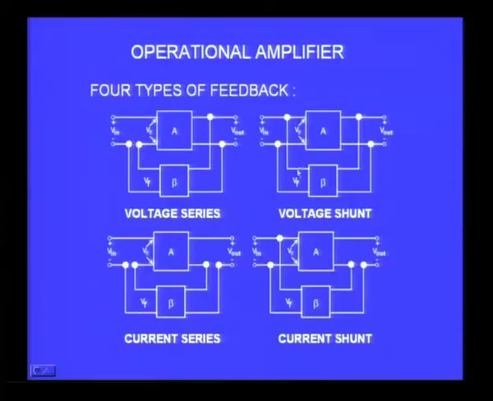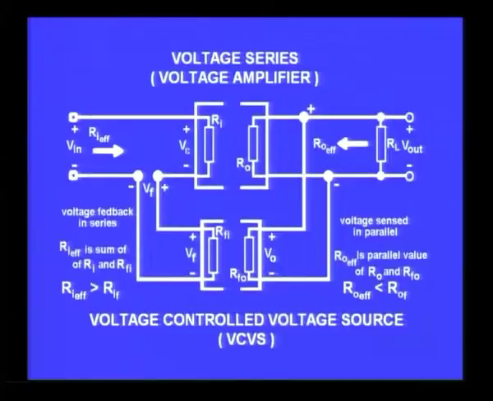So, you have 4 different types of feedback configurations possible for a given voltage amplifier like an op amp. So, in an op amp we can implement these 4 different types of feedback circuits. All of them correspond to negative feedback, and all of them will correspond to a very nice circuit which is very useful for several applications. We will see it now.